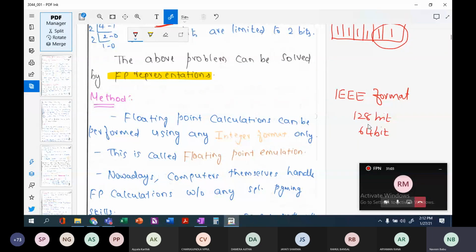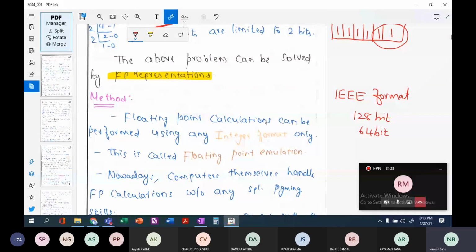So we are currently following that particular format. We will see that later. But before that, when people tried to solve this problem of accurately addressing fractional numbers, the immediate simple method that came to their mind is this floating point emulation method. Let us see what that is.